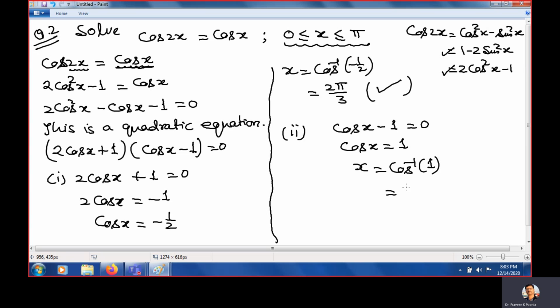If you solve this, the value will be 0. And 0 is also a correct solution because x is greater than or equal to 0. So this is also a correct solution. Both the solutions, my dear students, are absolutely correct.